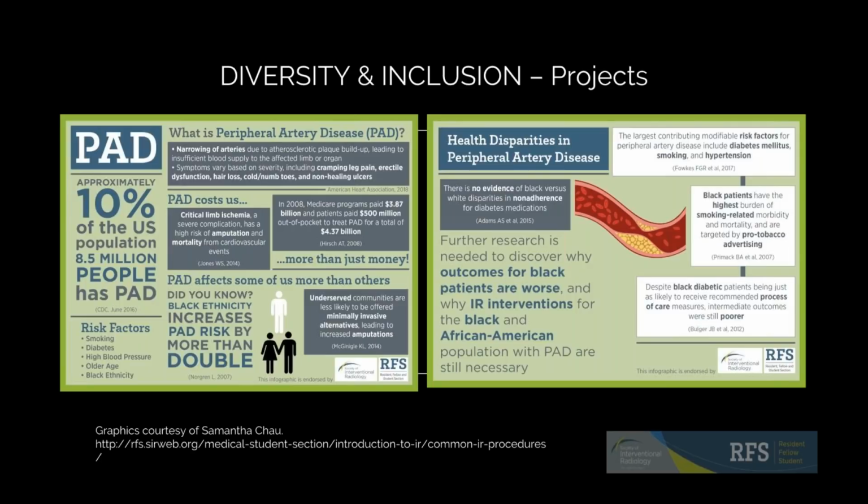So we've been able to educate the IR community and the general population on what is peripheral artery disease, as well as the health disparities that exist and how IR can help to close those disparities. So we are working closely with Samantha as well as Greg Kodorov on the Medical Student Reserves on creating more graphics for our upcoming initiatives. So we're excited to see what they can come up with next.